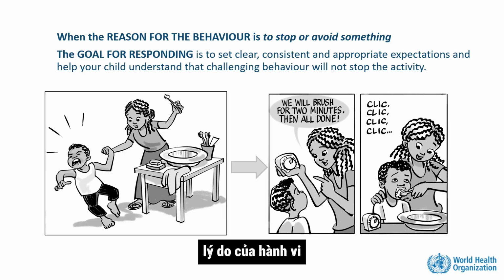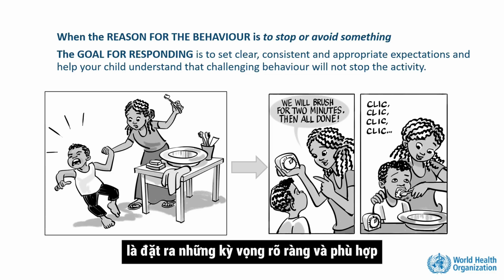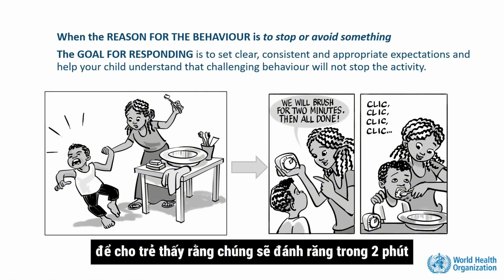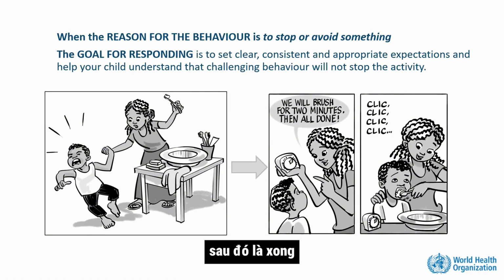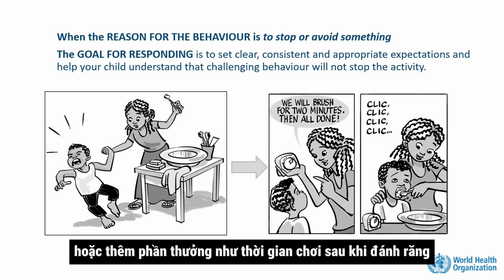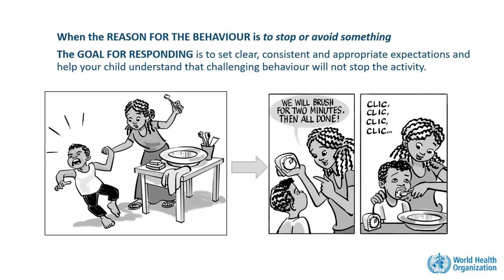The reason for the behavior is to avoid having his teeth brushed. The goal for responding is to set clear and appropriate expectations. For example, by using a timer to show the child that they will brush for 2 minutes, then all done. The mother could also make the activity more fun or add a reward, like playtime after teeth brushing.